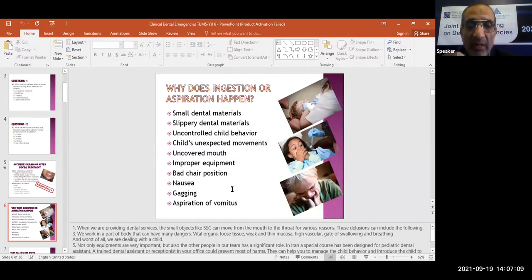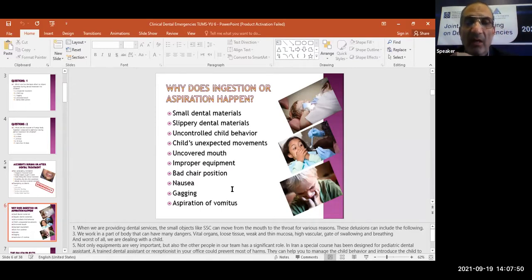And we work in a part of the body that can have many dangers: vital organs, loose tissue, weakened thin mucosa, and high vascularity, with swelling and breathing concerns. And worst of all, we are often dealing with a child, and in most cases they are uncontrolled, or the child's unexpected movement makes treatment difficult for us.